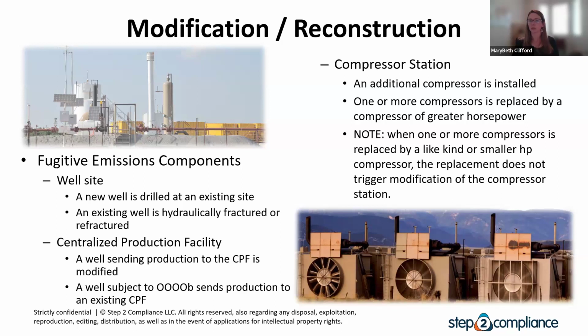So your fugitive monitoring is not going to be impacted by a compressor swap with a like kind. If you increase your horsepower or you add a compressor, then yes, the whole compressor station is affected. So some tricky nuances in some of these.